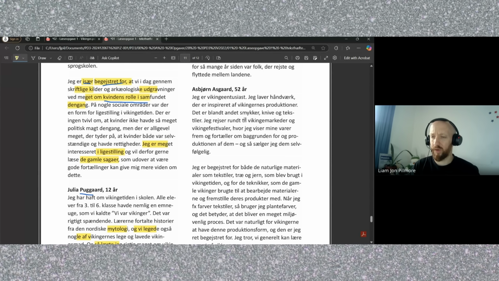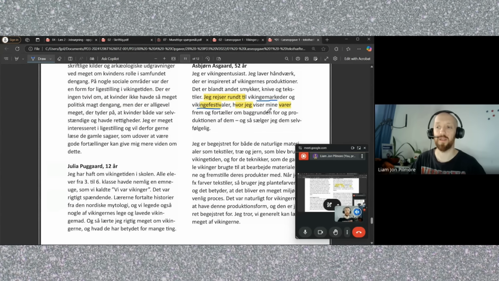Let's see, can we see that word anywhere? Mine varer. "Det er blandt andet smykker, knive og tekster." One second, I just need to click on meet so it doesn't close down here. There we go.